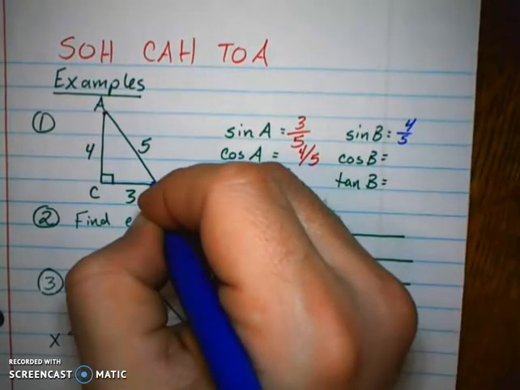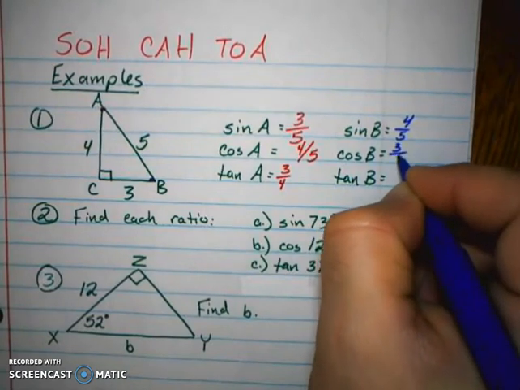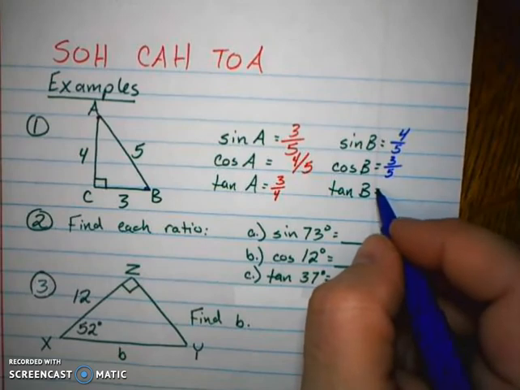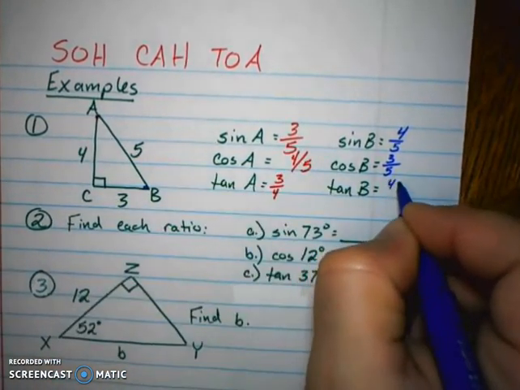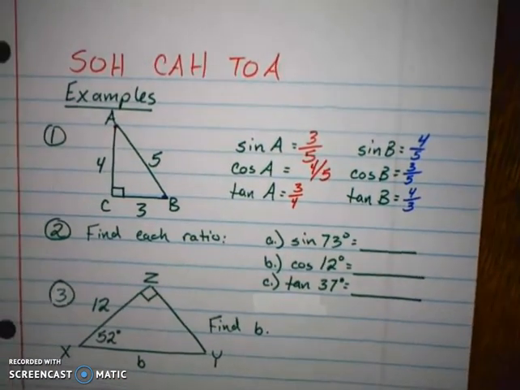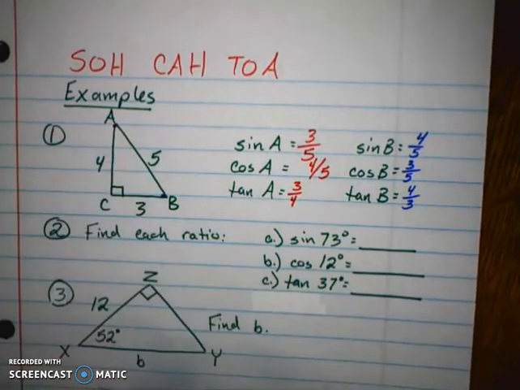Cosine ratio of angle B would be adjacent 3 over hypotenuse 5. And tangent ratio would be opposite over adjacent. Well, this time opposite is 4, adjacent is 3. 4/3. So that's one way we can identify sine, cosine, and tangent if I'm given all three sides.